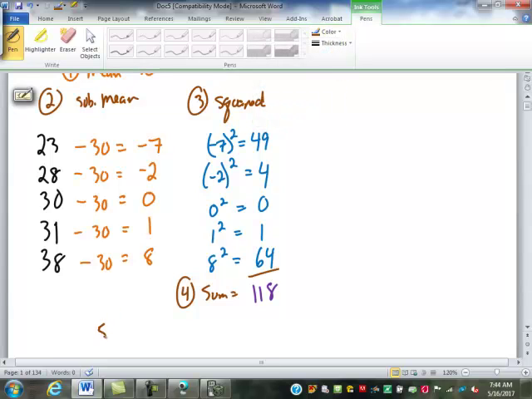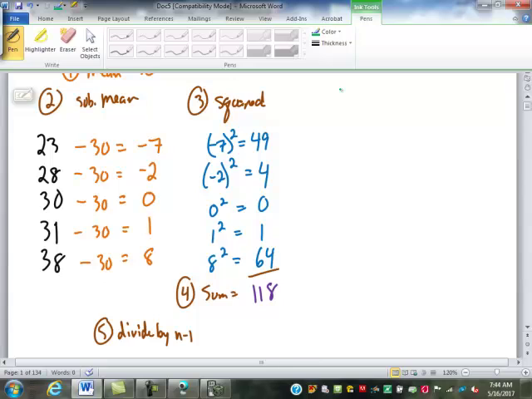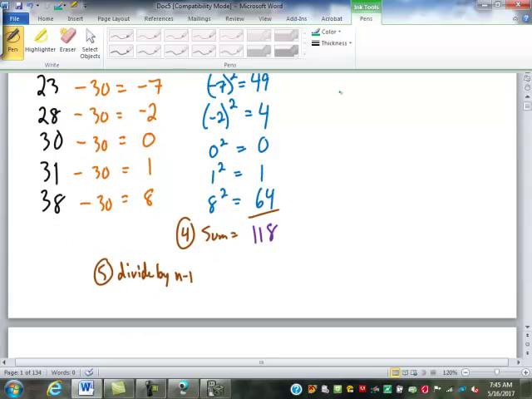Step 5. So divide by n minus 1. What's n? For this case, n is 5, right?